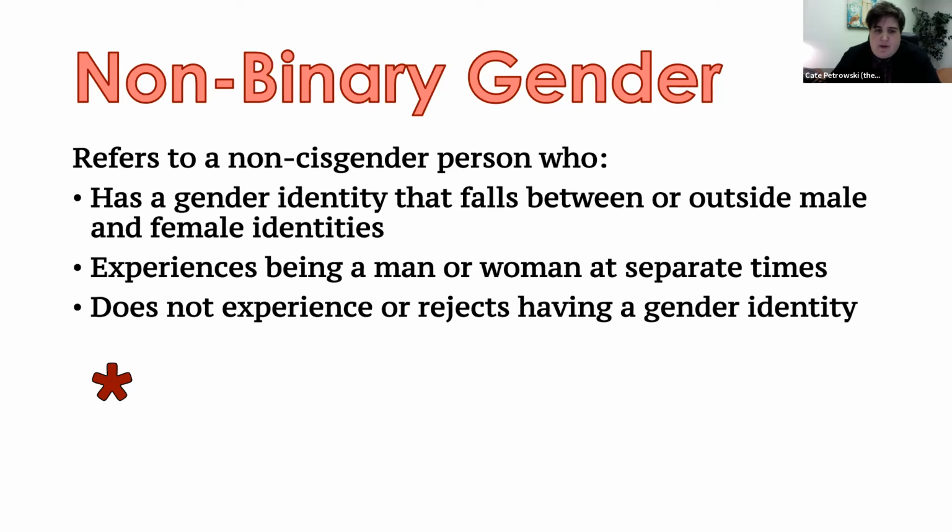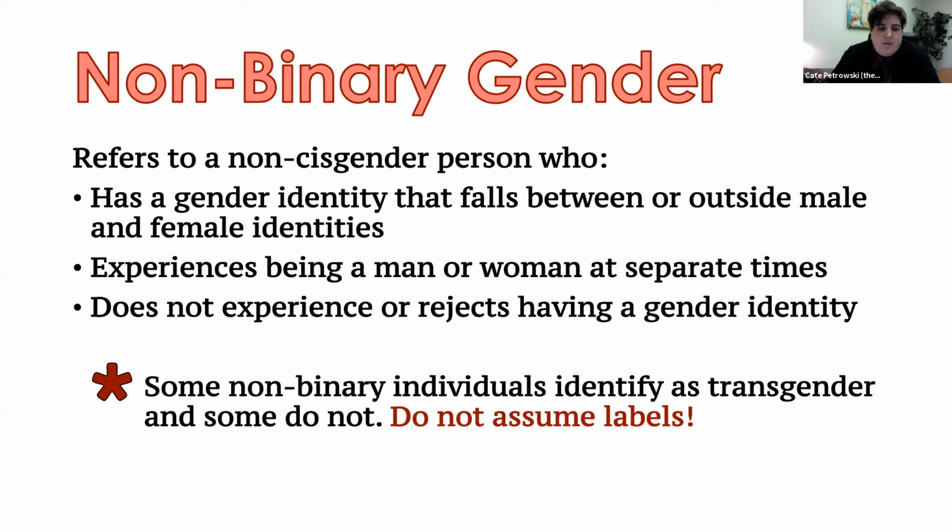It could be somebody who floats back and forth between man and woman, or has a more fluid gender identity, or maybe they don't experience having a gender at all, or they reject having a gender identity.